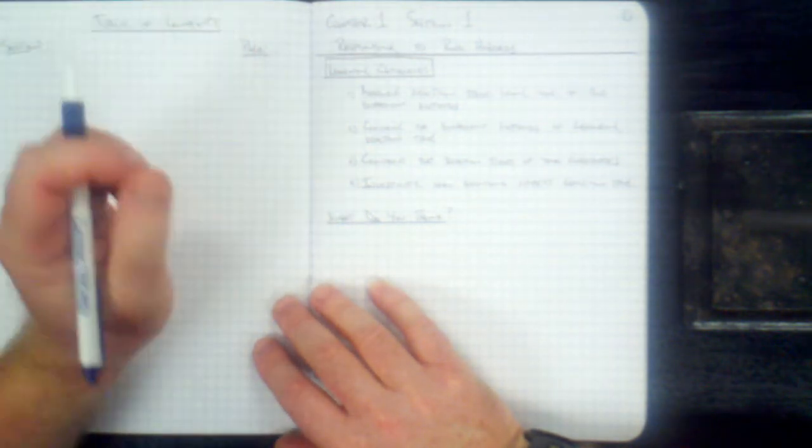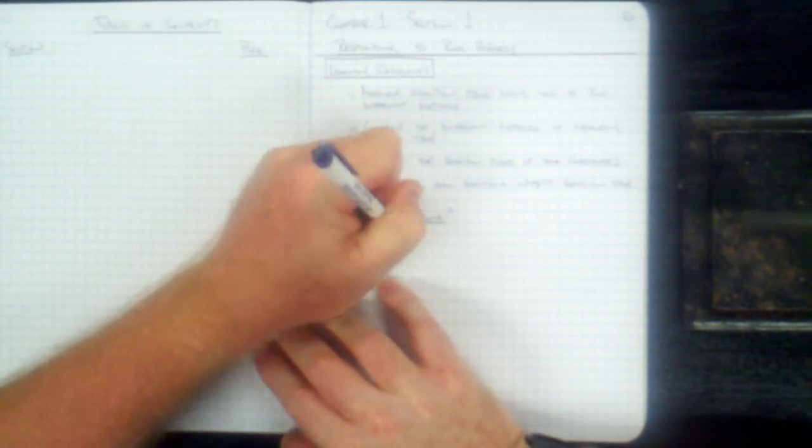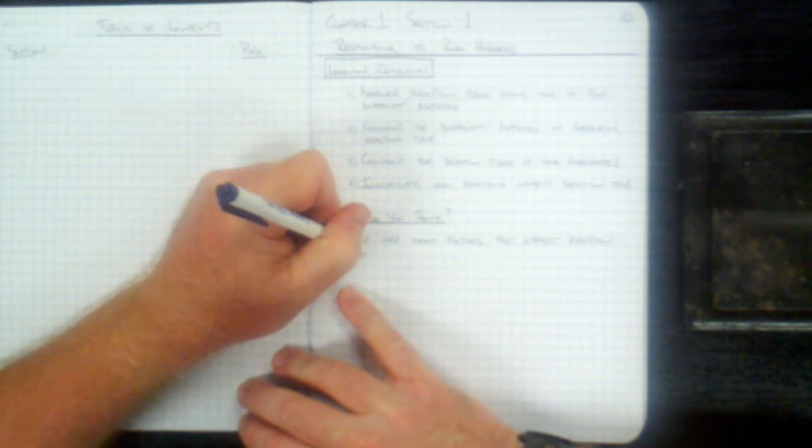Now, we want to answer questions in full sentences. So, you can either rewrite the question, which could be long, or you could somehow make it into a sentence. So I would say that there are many factors that affect reaction time while driving.